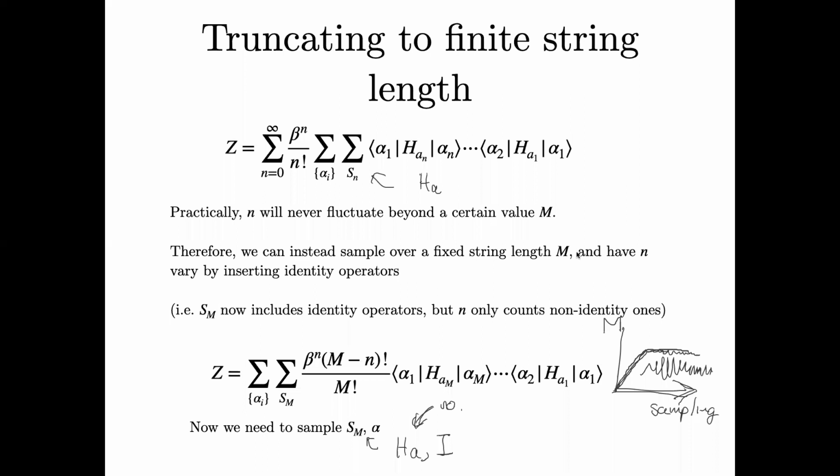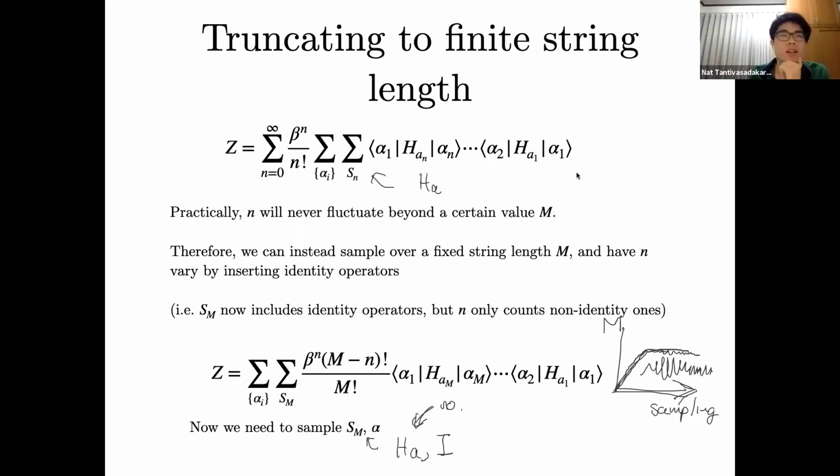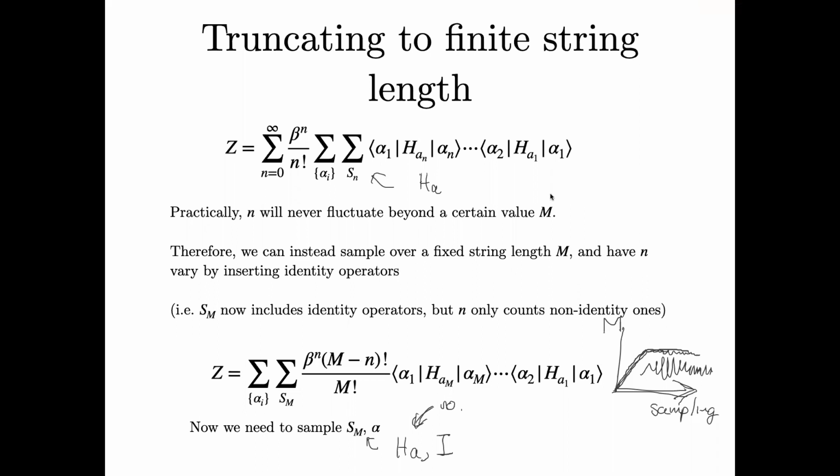A basic question. How do you assign the probability for the strings? I will get to that. Right now, I'm just. Can you explain why n never fluctuates beyond a certain value M? I don't get that statement.